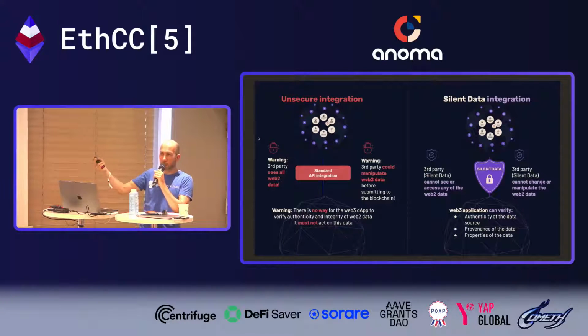So we can prove where the data's come from, what query was run on it, the fact that it was queried in a privacy-preserving environment and it hasn't been leaked. And we can take that proof alone to the smart contract, and the smart contract can verify that in a very concise way. So we're effectively extending the computation logic of the smart contract into a privacy-preserving environment where we can query these Web2 data sources. Does that make any sense?